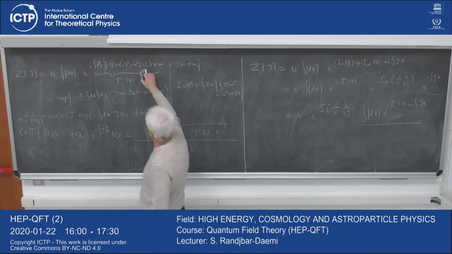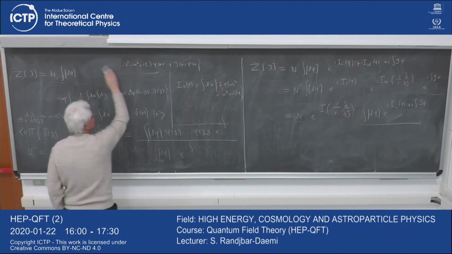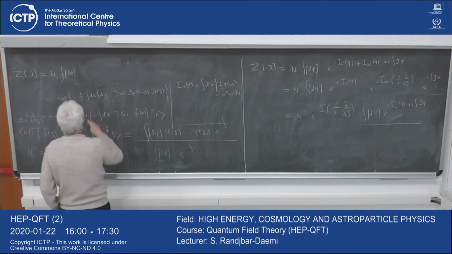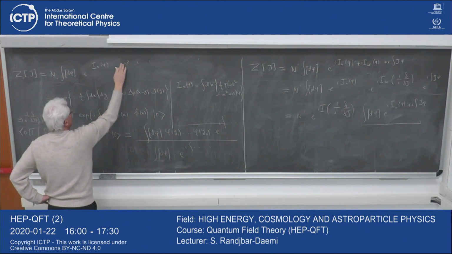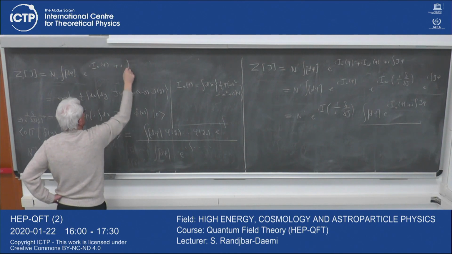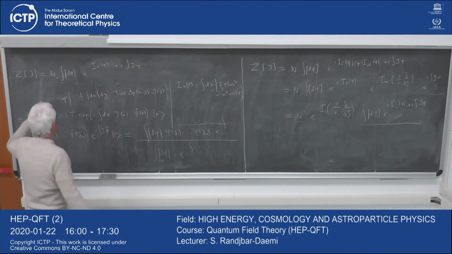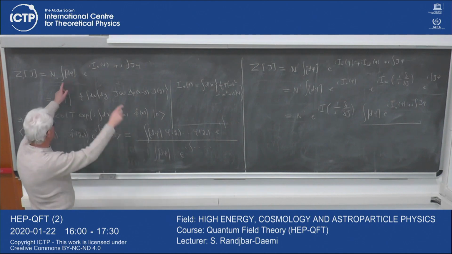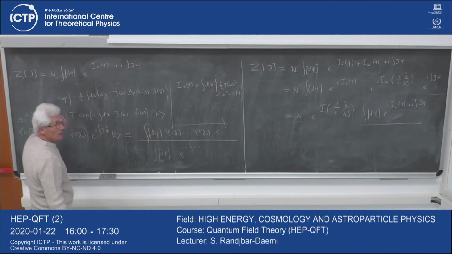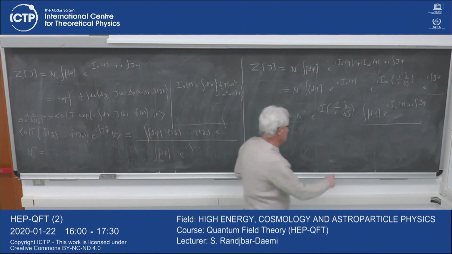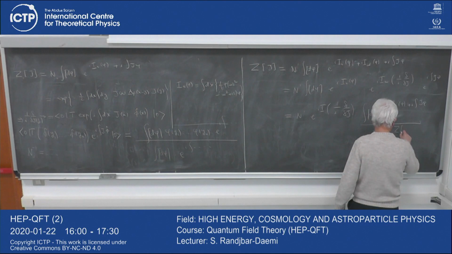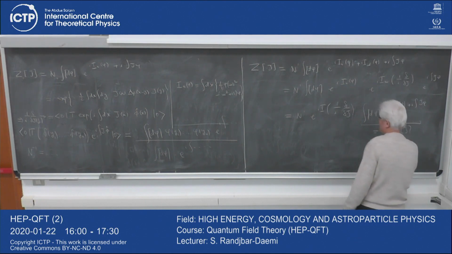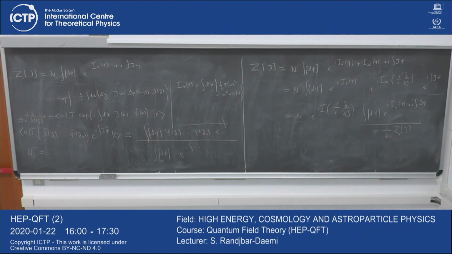So if you substitute the first term by S_0, this integral is exponential of i S_0 phi plus i J phi. We have this integral there, therefore it is Z0 divided by N0. So this is 1 over N0 times Z0 of J. It's a functional of J, but we know what kind of functional of J it is.